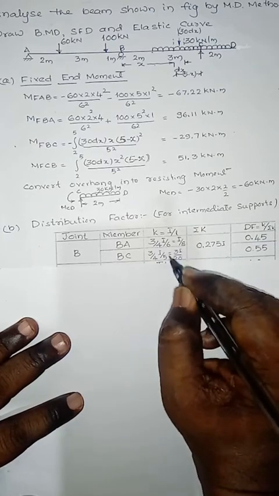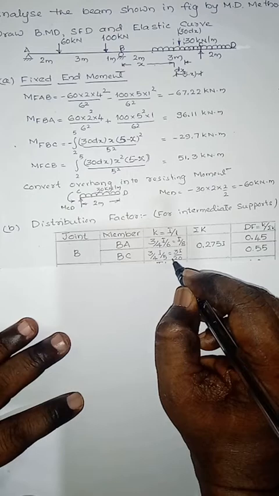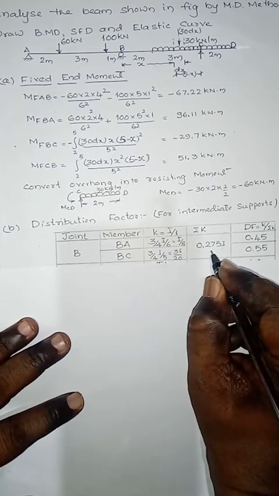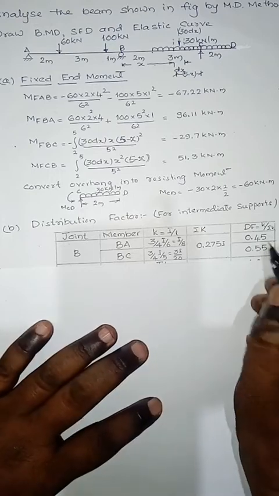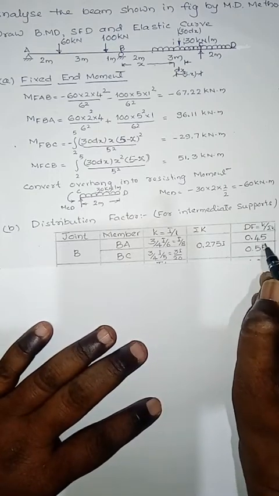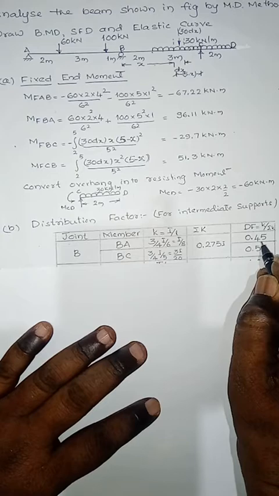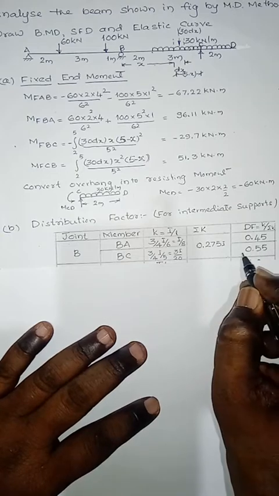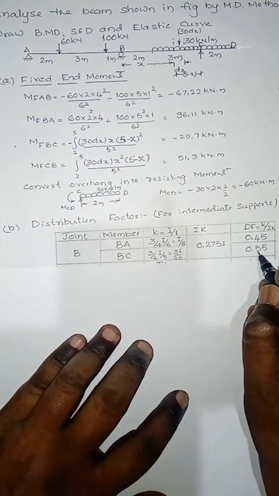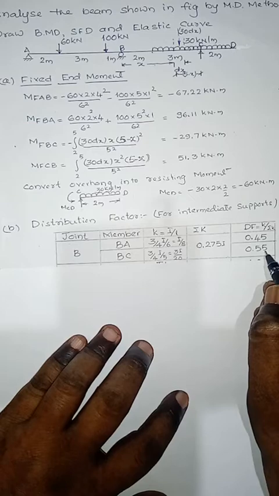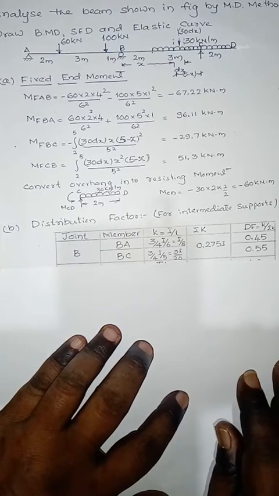The summation KBA plus KBC equals summation K, that is 0.275I, and the distribution factor for BA, that is KBA divided by summation K, is 0.45. Distribution factor for BC, that is KBC divided by summation K, is 0.55.